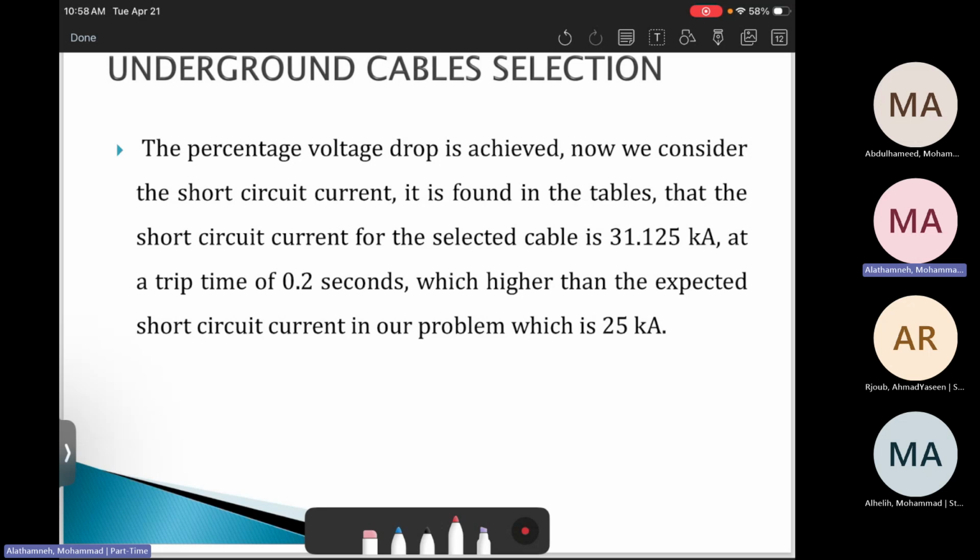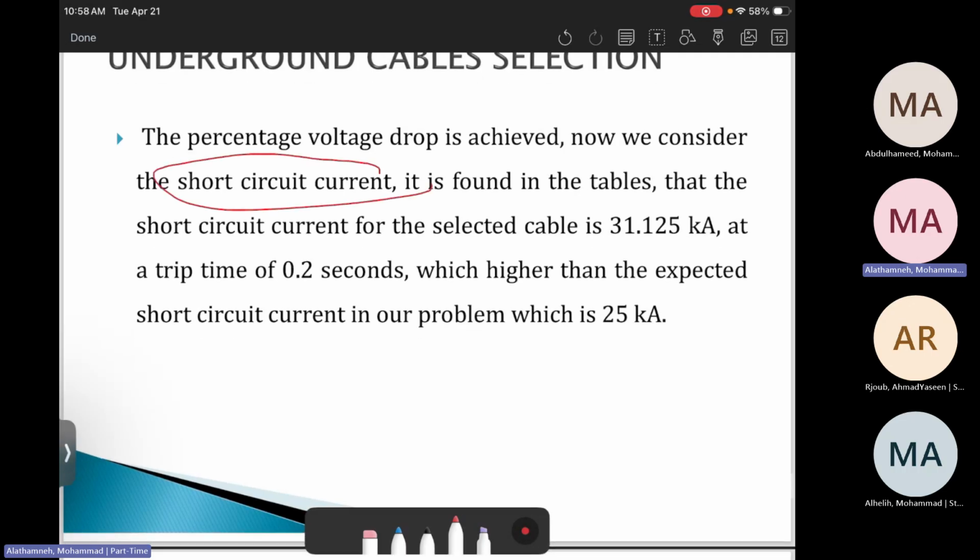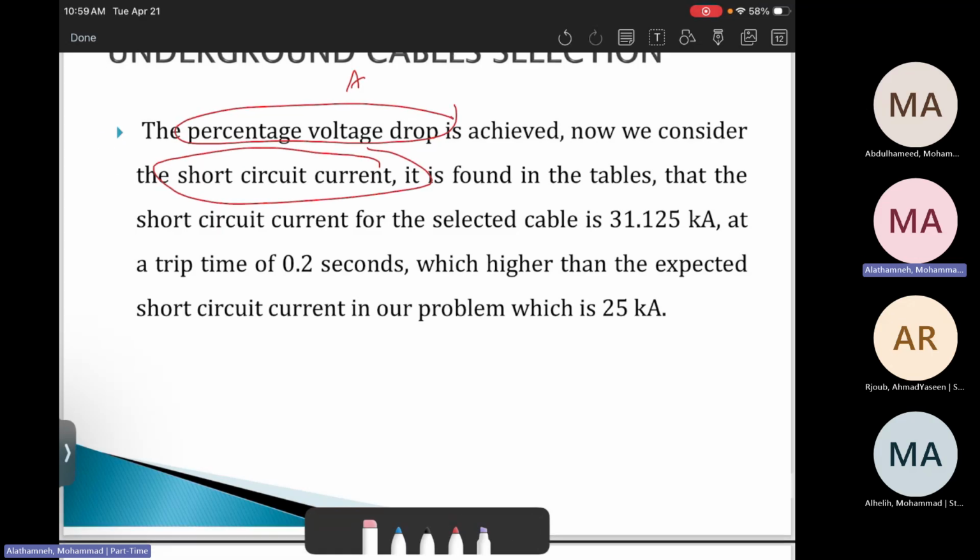Now we need to consider the short circuit currents. What we did so far was the voltage drop. Now how about the second thing, the short circuit? Here's the voltage drop, which is number A, and second, number B, which is the short circuit current.